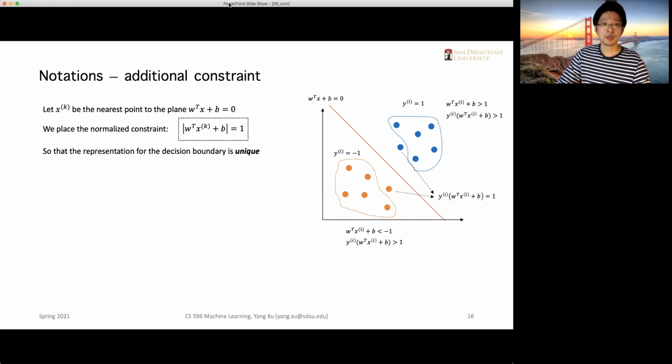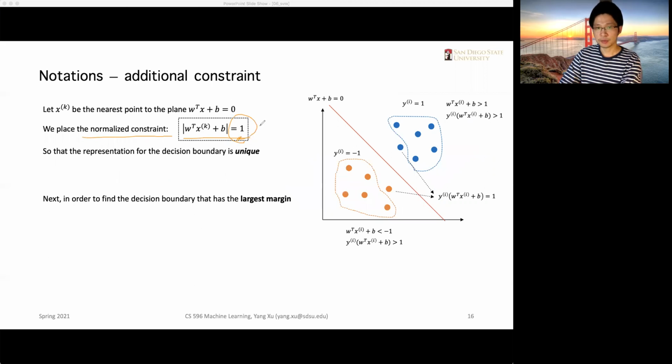I think one point that is sometimes a little bit confusing is here, because we placed this additional normalized constraint. So this is totally arbitrary. It can be 2, it can be 3, it can be other values, but we make it 1. It makes the whole mathematics much more neat.